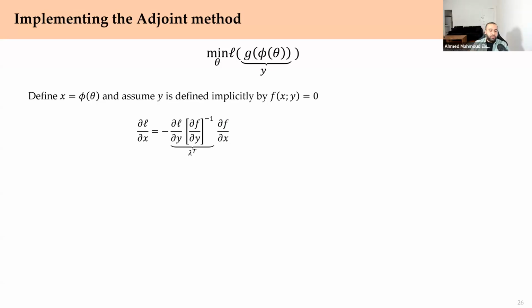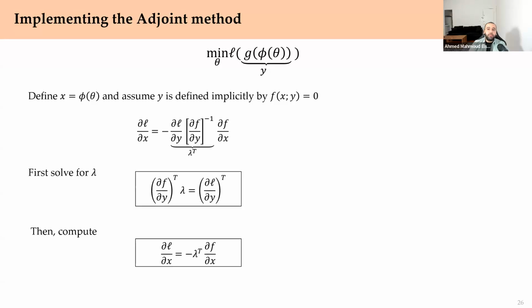This is the result that we showed earlier using implicit differentiation. The gradient that comes out of the adjoint method, dL by dphi, the one we are looking for, involves two steps. The first is that you solve for the adjoint variable lambda.